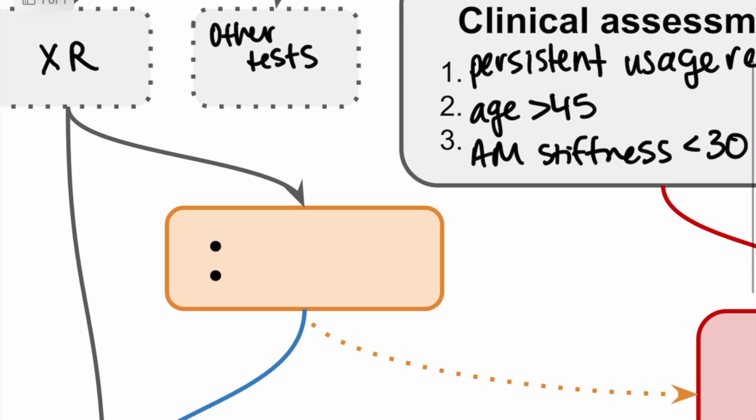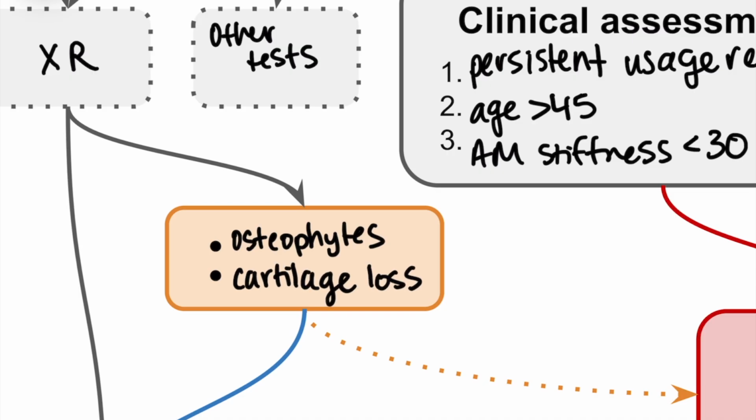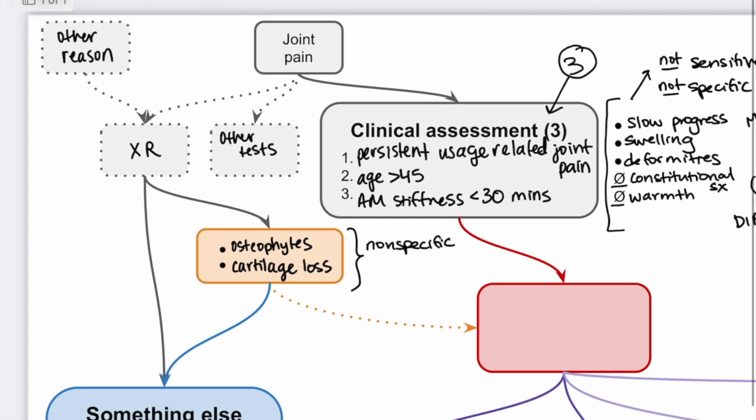What would those findings of osteoarthritis be? Typically, we're thinking about osteophytes as well as cartilage loss. The issue with these again are that they are nonspecific. In other words, these can be found in other conditions, not just osteoarthritis.